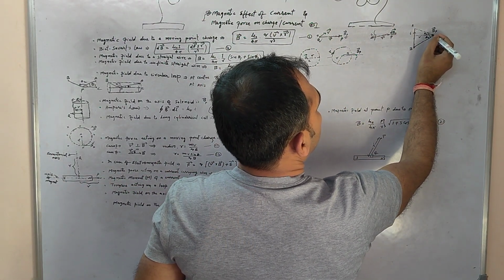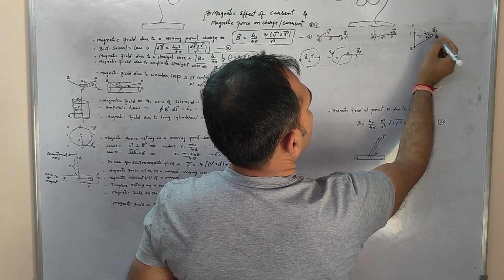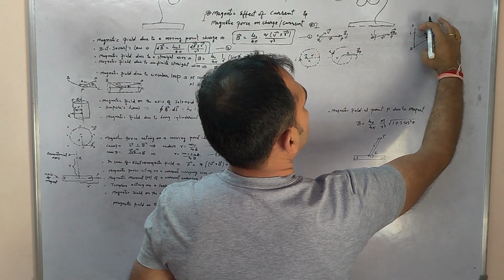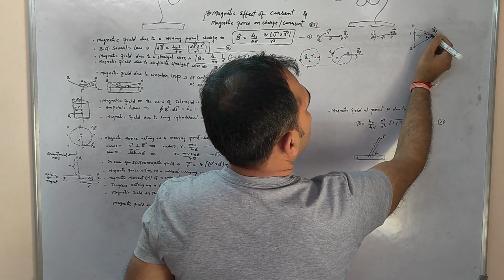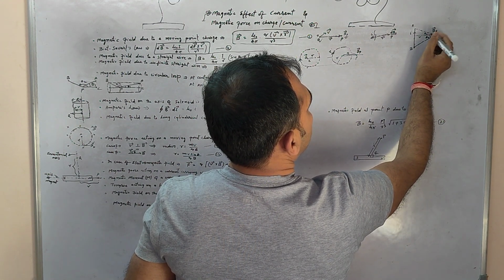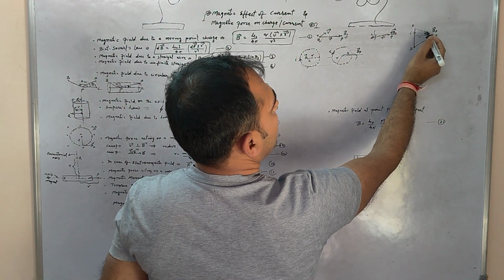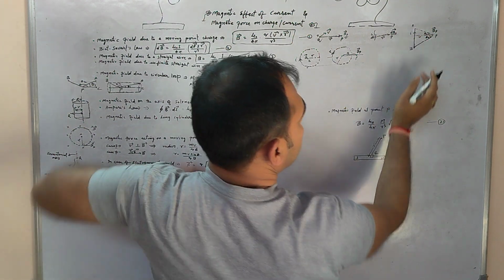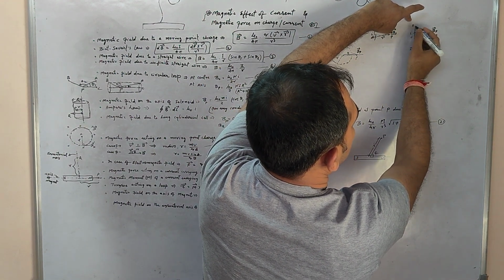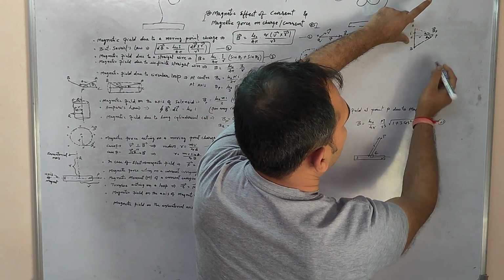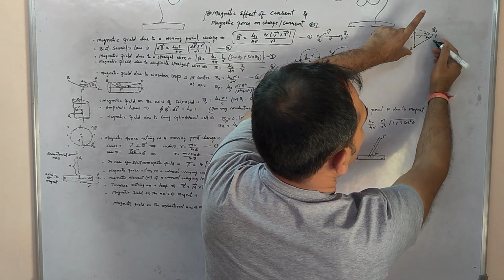If we draw a perpendicular from P on this conducting wire, this is point C. Angle APC will be theta 1 and PCB, this will be theta 2.